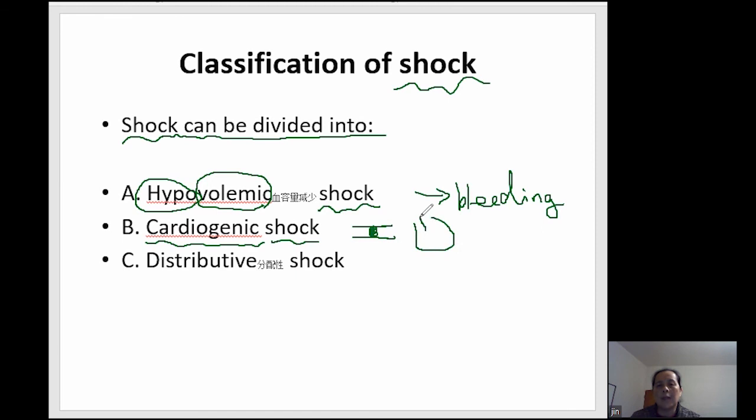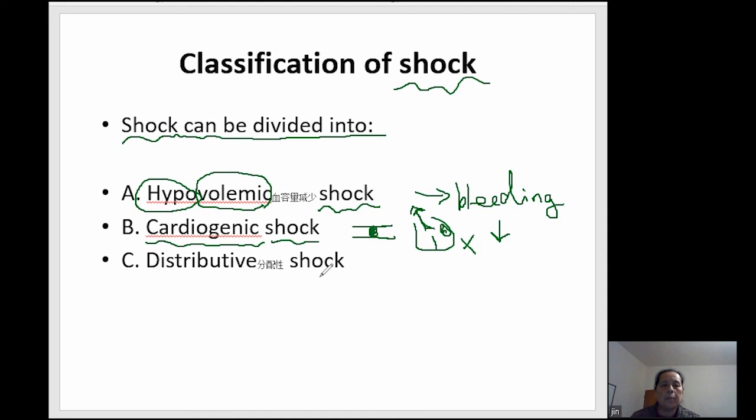That's a severe condition. They can't pump the blood out. If it totally stops, people will die immediately. But if a small area loses function, the other part of the heart can still work, but the blood volume pushed to the circulation decreases. So a heart issue can cause shock.